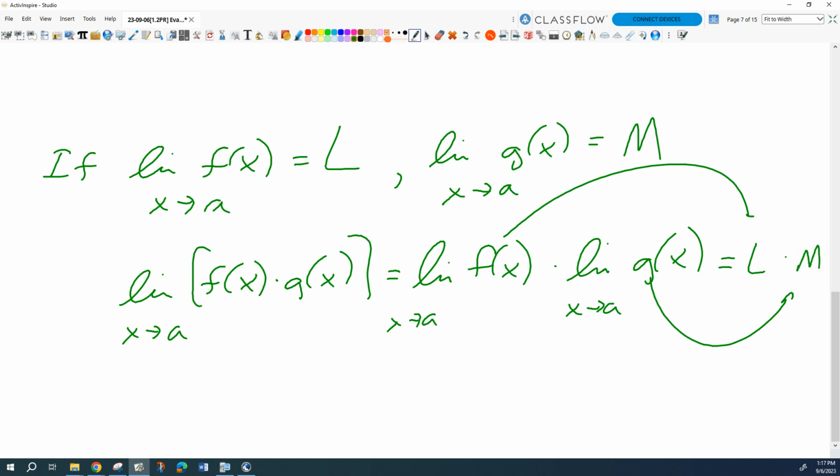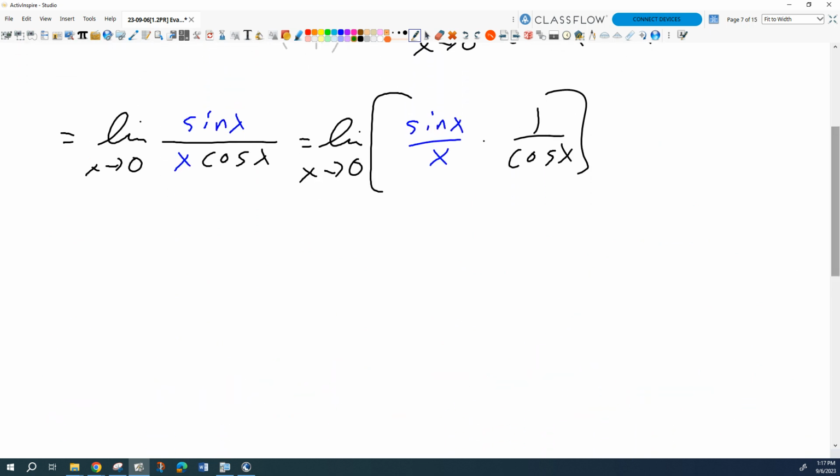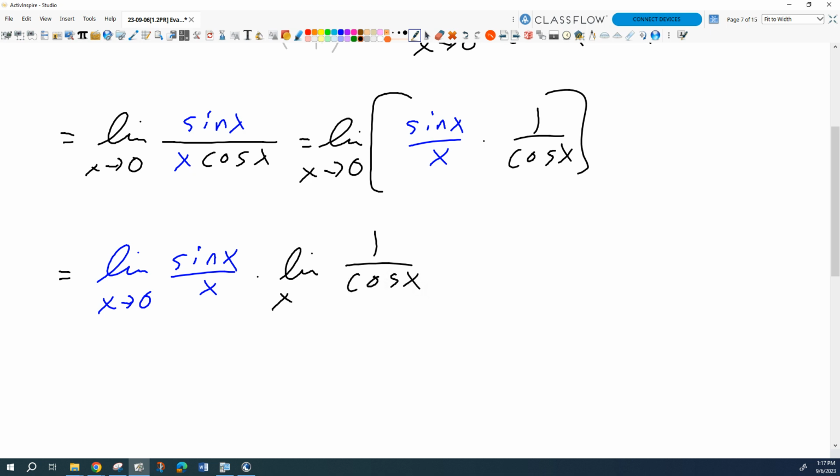Okay, so in this case up here, we can apply that property. If I have the limit of a product, I can split this into two separate limits, right? So this is equal to the limit of sine x over x as x approaches 0 times the limit of 1 over cosine x as x approaches 0.